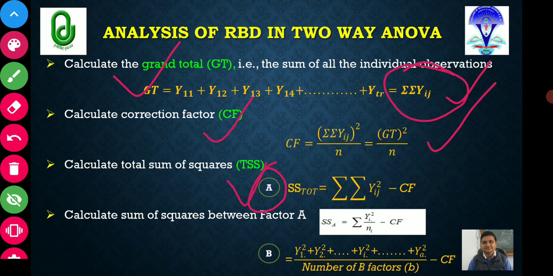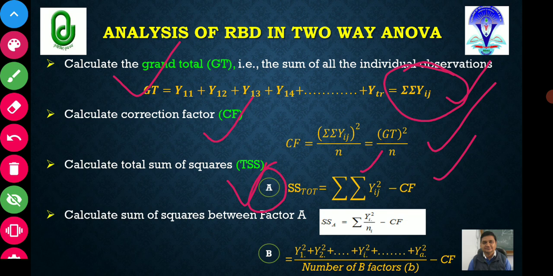So the sum of squares due to total will be equal to the sum of squares of all the values, and it should be subtracted by the correction factor. This sum of squares we already discussed when we were calculating in CRD.